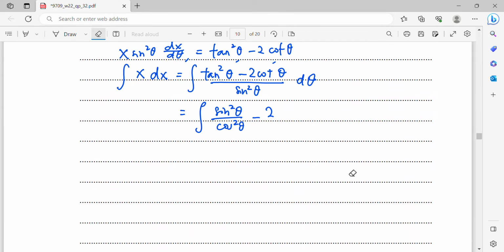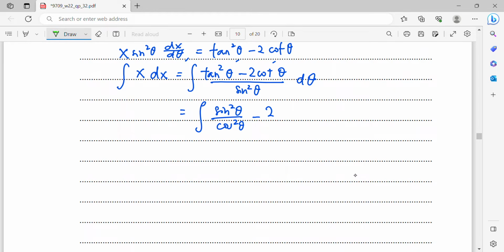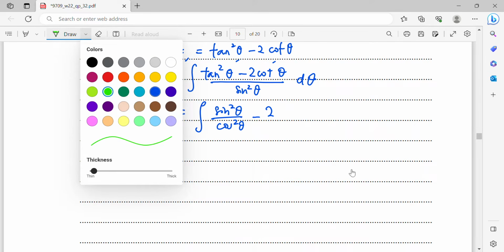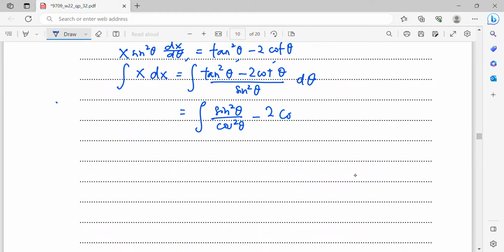So here I will keep the cot. I will not change the cot to cosine over sine. Then I will multiply by 1 over sine squared theta at the back, because I want to simplify the first term.